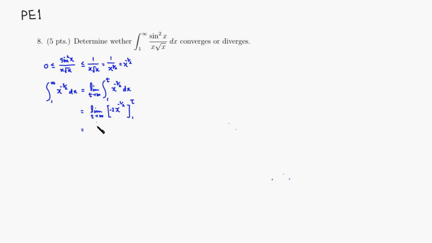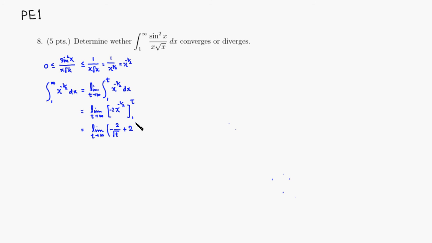We still have a limit as t approaches infinity. We put t in there, so it's negative 2 over, with t on the bottom, the 1/2 power being a square root. Then with the minus and the negative sign, it's plus 2, because plugging in 1 gives 1.